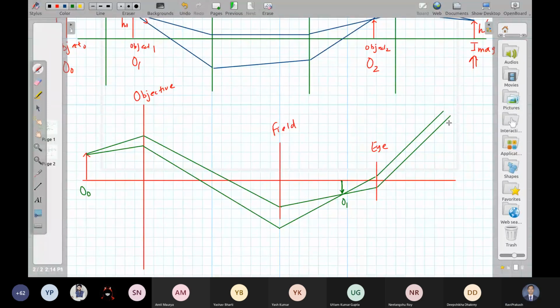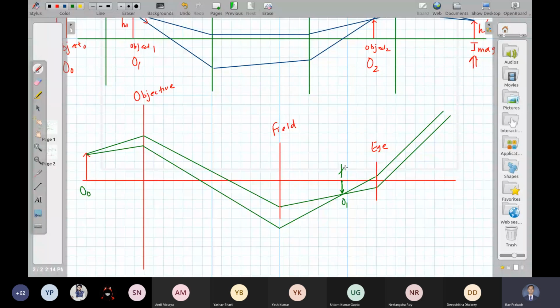That is why we use a crosswire here. यहाँ एक crosswire इसलिए रखा जाता है so that when we see the overlap of these two images, we can use this overlap to measure the size of the object, right?